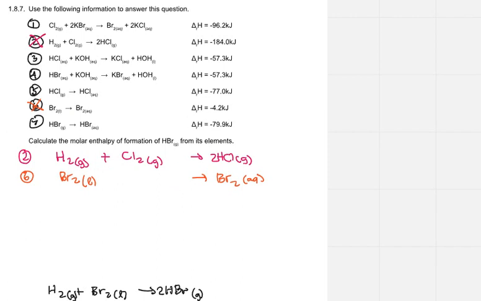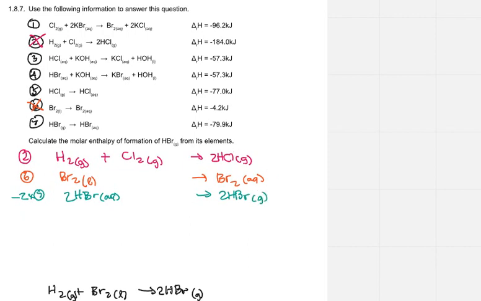So we're doing -2 times reaction 7. So this flips to the left, and we double it to HBr aqueous. This flips to the right and gets doubled to HBr gas.